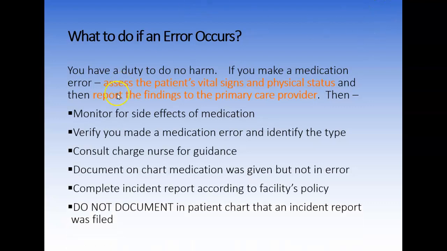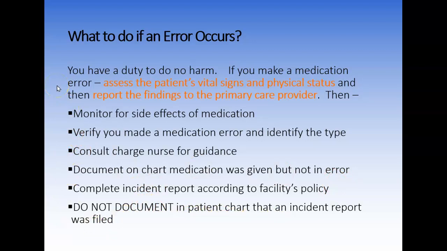Okay, so you're going to monitor for side effects, verify that you made a med error, and then start to identify what happened. Consult your charge nurse, document, of course, that's going to be really important, and complete the incident report according to your facility policy, and do not document in the patient chart that an incident report was filed.